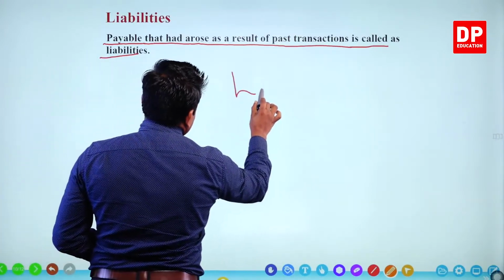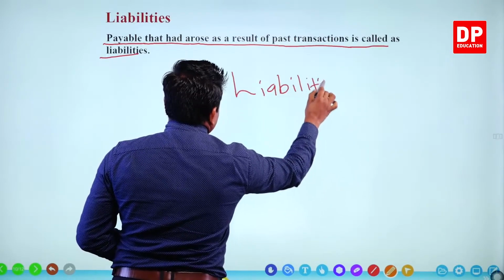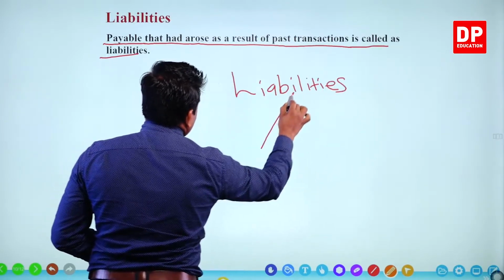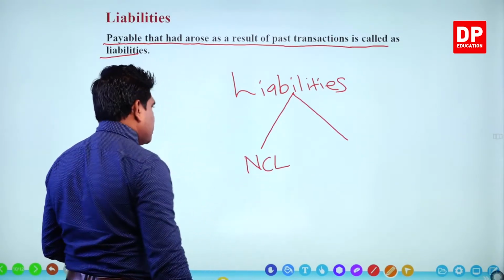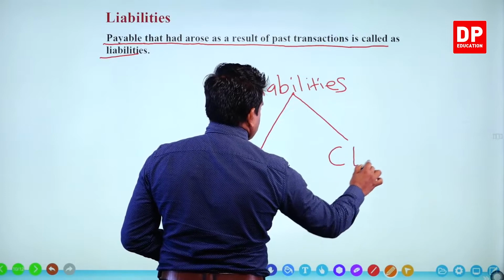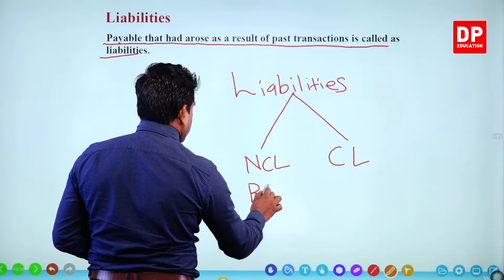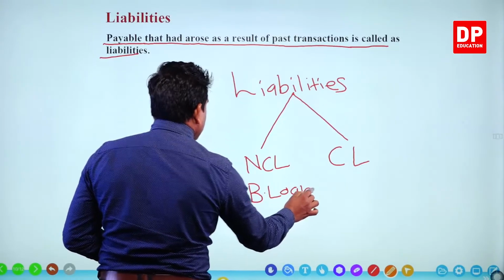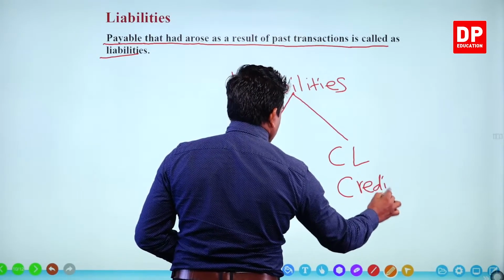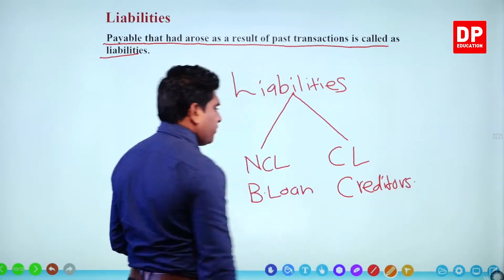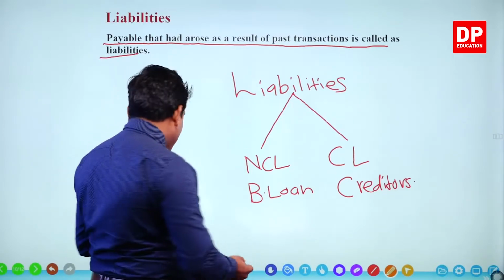Then liabilities we break into two categories: non-current liabilities, long-term liabilities, and current liabilities, short-term liabilities, right? Bank loan, long-term bank loan, right? For example, creditors and debtors: debtors are current assets, creditors are current liabilities. Debtors should pay money to us, creditors we have to pay money to them, right?